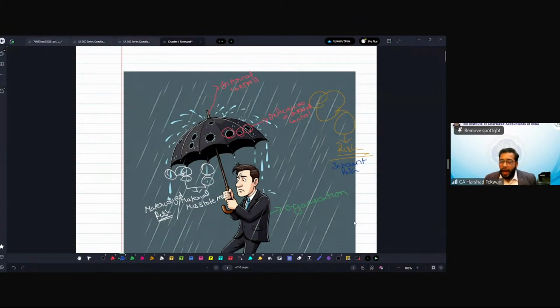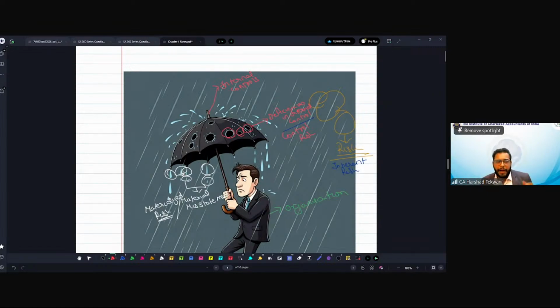When I say there are holes in the umbrella, it is not only the deficiencies in the internal control, but over and above that, this is an example of a control risk. That yes, the umbrella is not able to stop, detect, correct, or prevent the misstatement, which could be material.